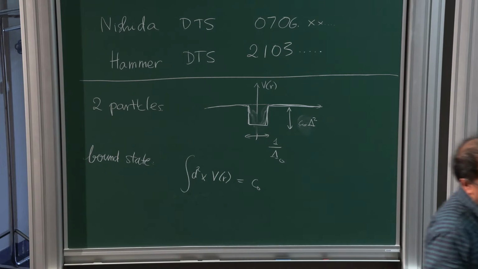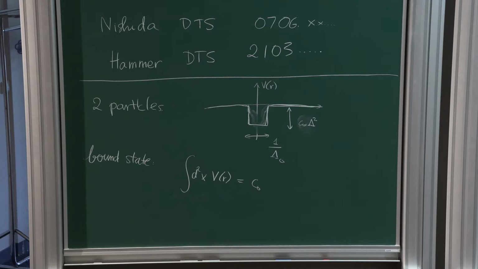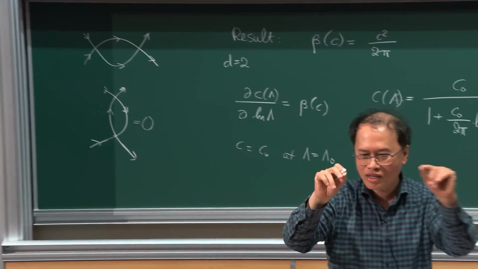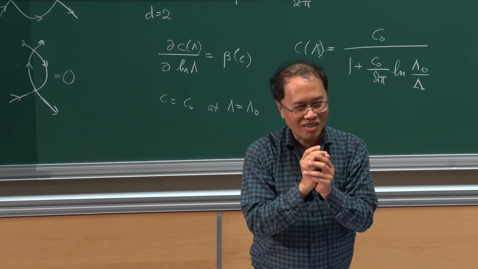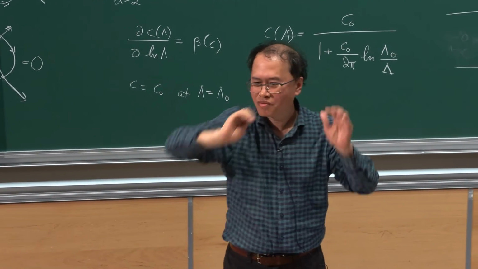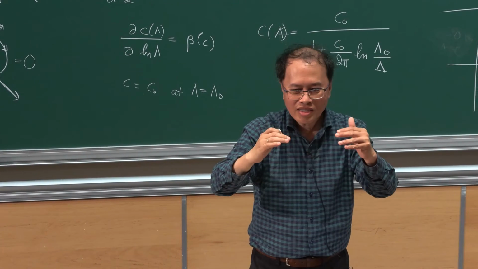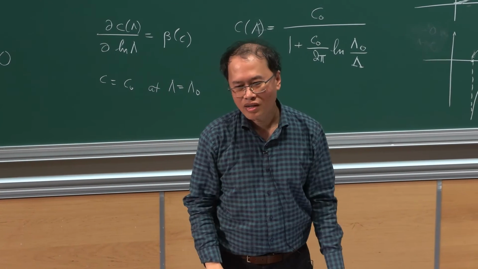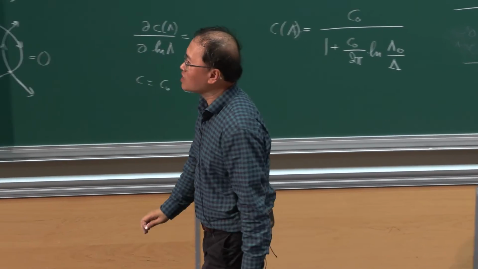Now, this problem of a particle in a square well potential is very familiar in quantum mechanics. If you do the problem in one dimension, you find that any attractive potential has a bound state. There's a bound state that doesn't disappear, however weak you make the potential. In two dimensions, the same thing happens.